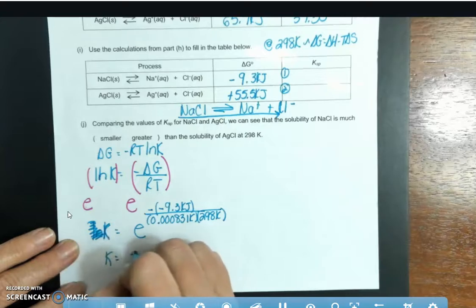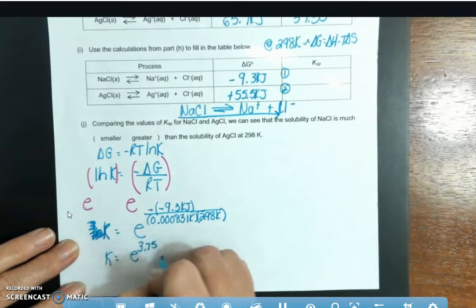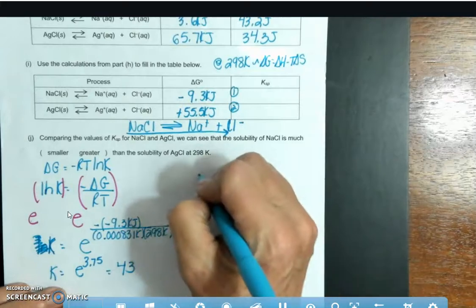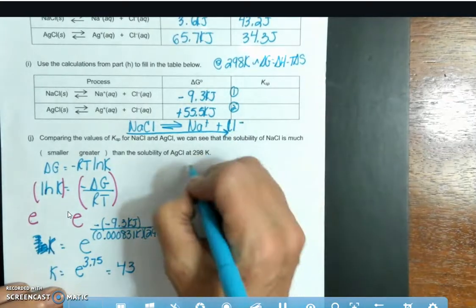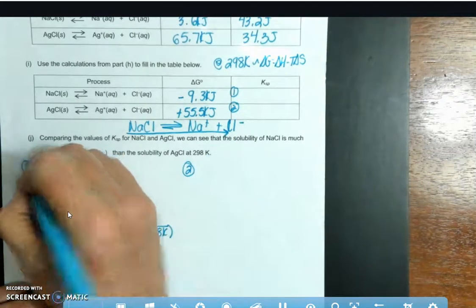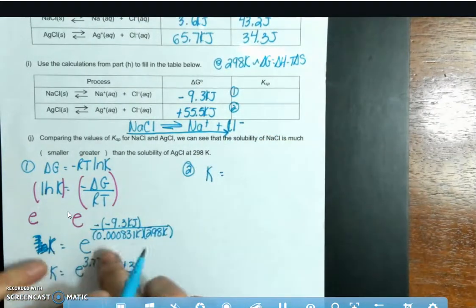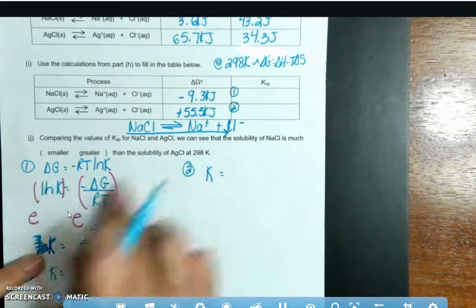So K is equal to e to the 3.75, which is equal to 43. If I do the same thing for number 2, I'm going to go through the calculation again anyway. Do a better job this time. I'm going to get all the way to here because it's the same in both cases.